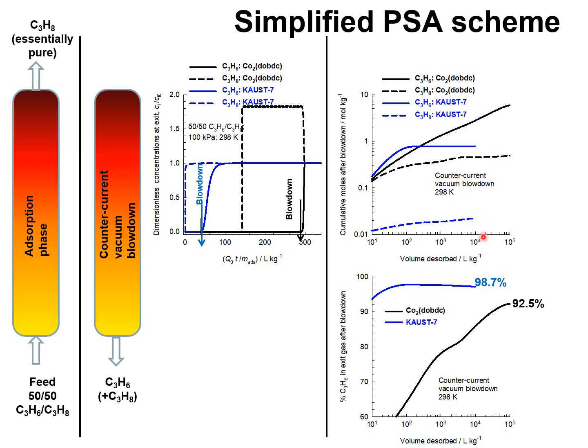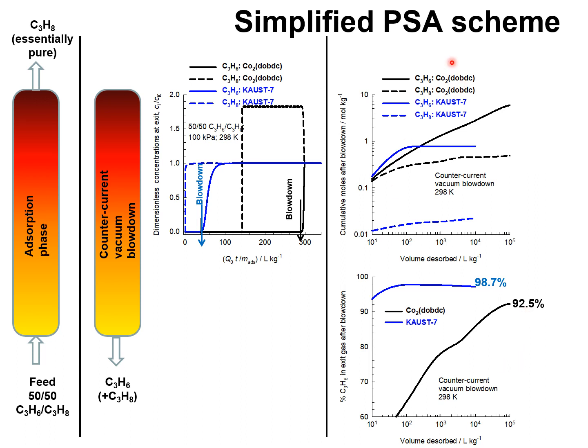These differences in the amounts of propane that ends up in the product is reflected in the purities. With KAUST-7, a purity of 98.7 is achievable in the simple PSA scheme of adsorption and desorption, whereas with cobalt MOF74, the maximum purity that is achievable is only 92.5.